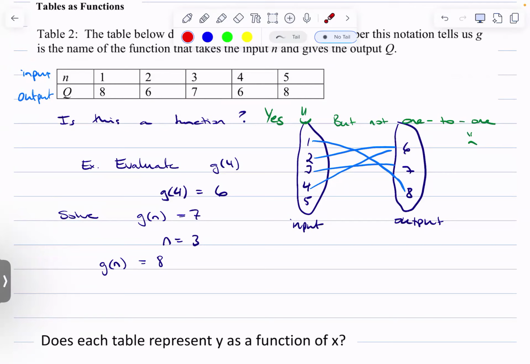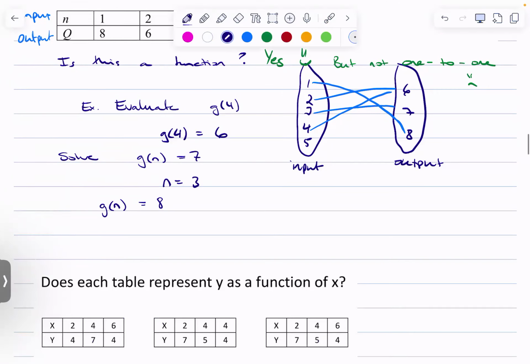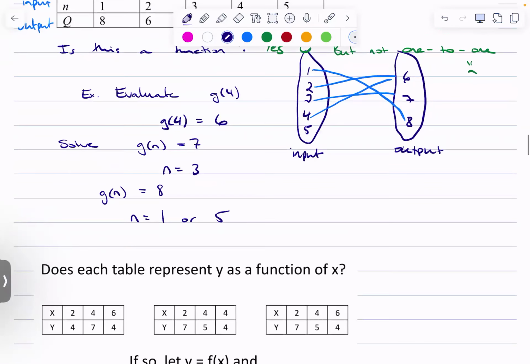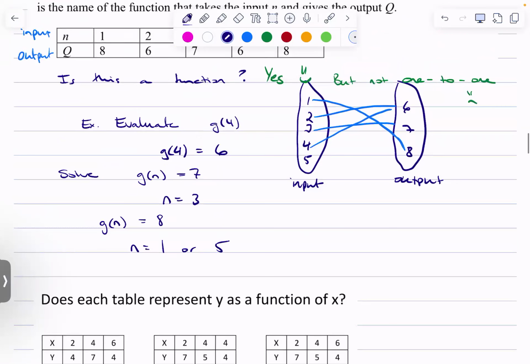Just means that n can either be 1 or 5. A little bit sneaky.